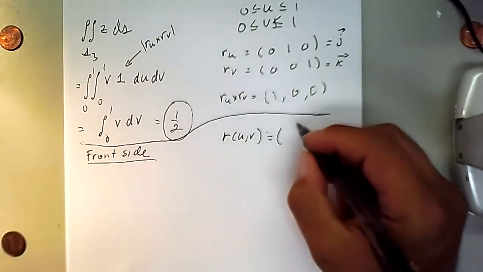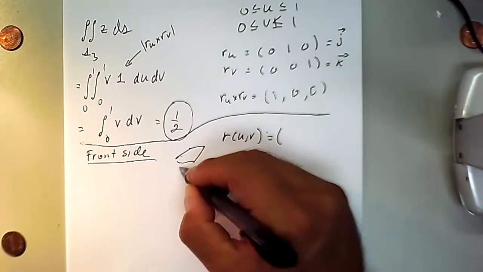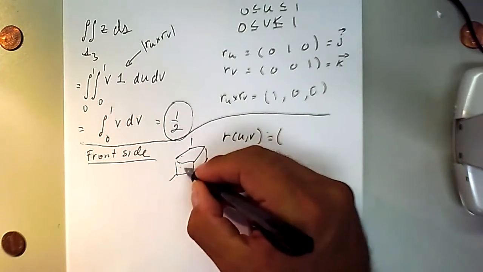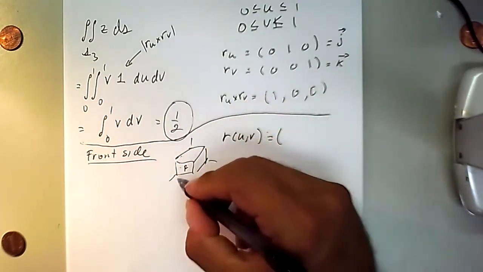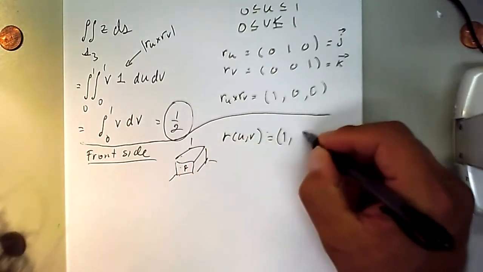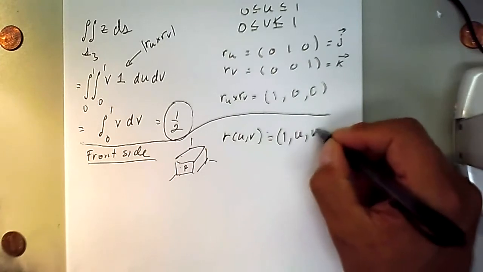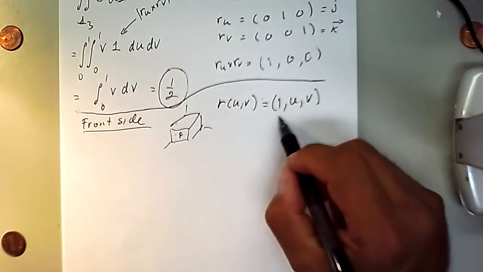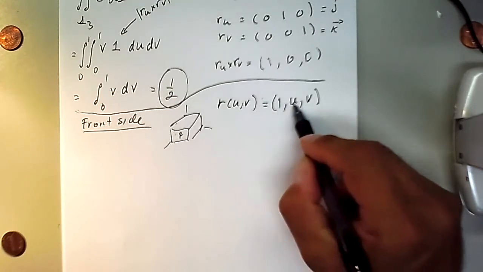The front side, well, let's see. There's the box. Yep, on the front, so this is the front. X is 1, and then we can parameterize Y and Z with U and V. See, we don't have a trivial parameterization. No, we do have a trivial parameterization if U, V were here, U and V in that order.